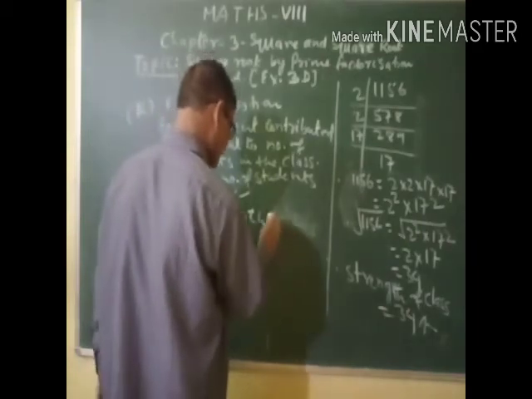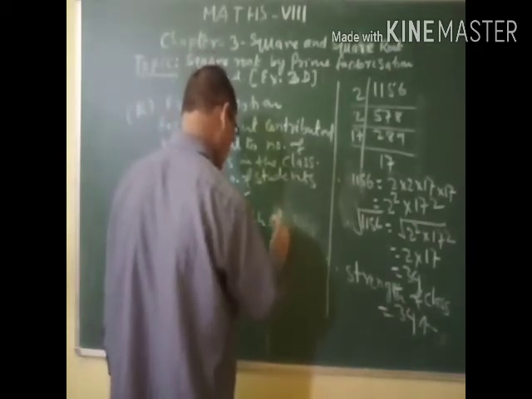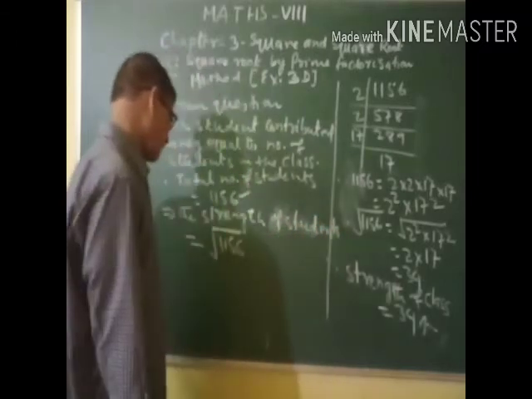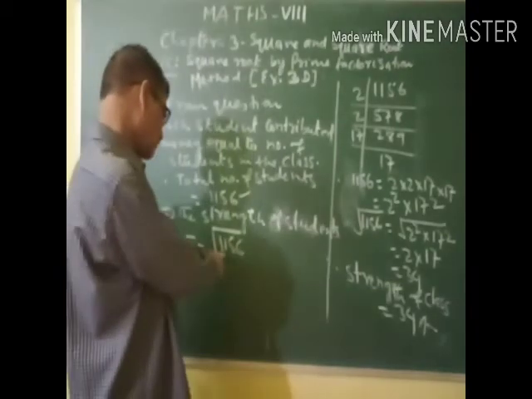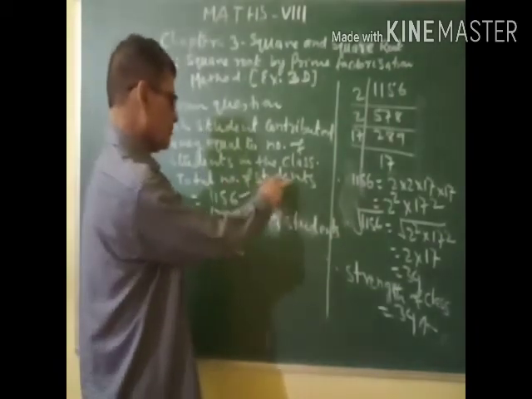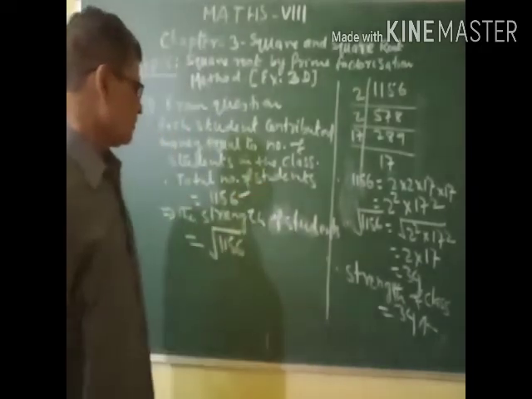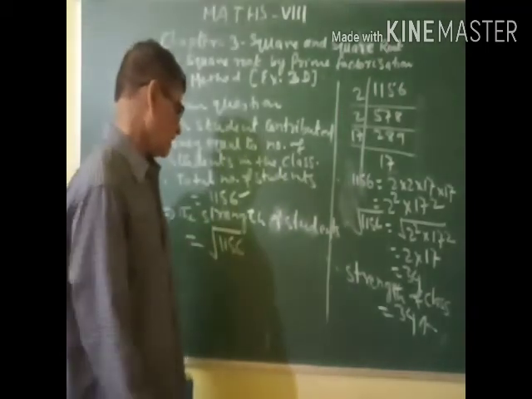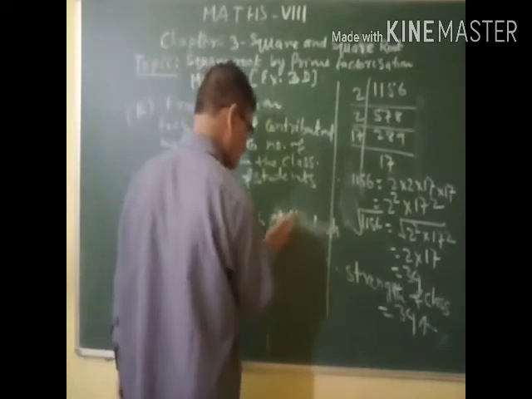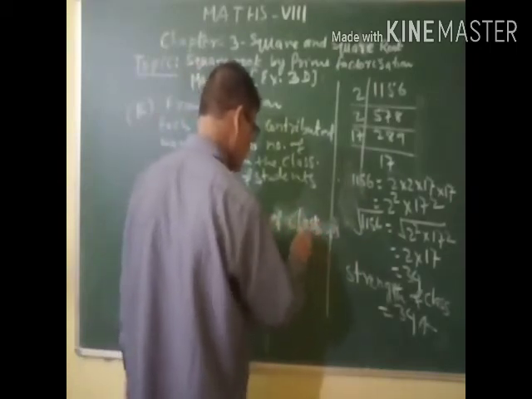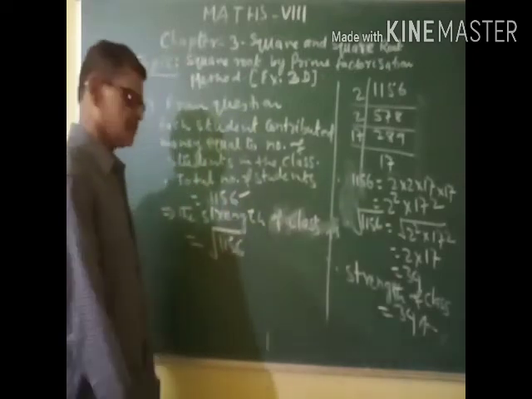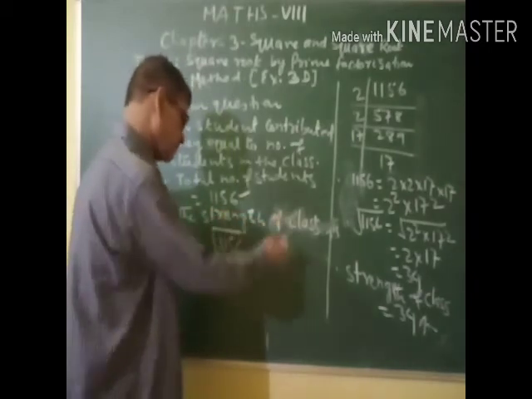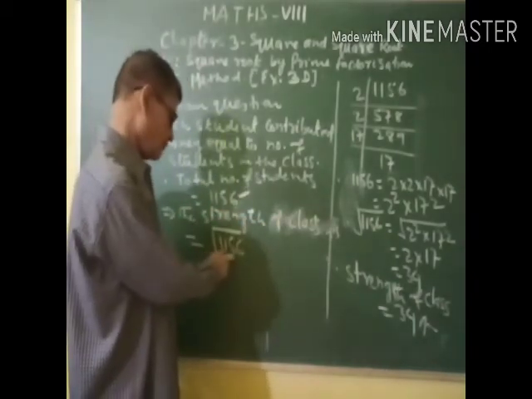the total strength of students who went on the picnic, equals the total number of students, and this will be 1156. As many rupees as the number of students. Therefore, what will the strength of the class be? If the total number of students is 1156, certainly the strength of the class equals under root 1156.